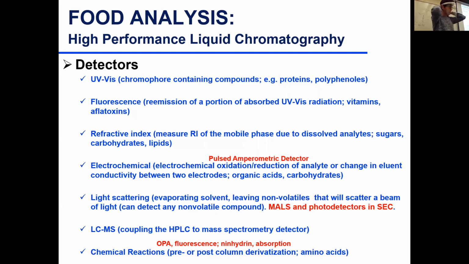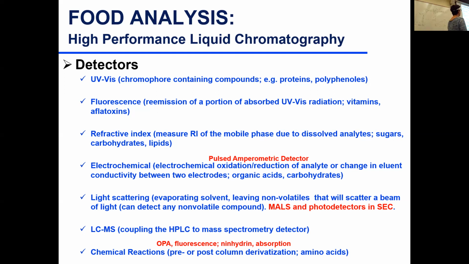But to measure fluorescence, your compound has to absorb light. So absorption has to happen before fluorescence can be measured. So again, fluorescence is for chromophores, or for compounds that can absorb light and also fluoresce, emitting light when they're going from the excited state down to the ground state.